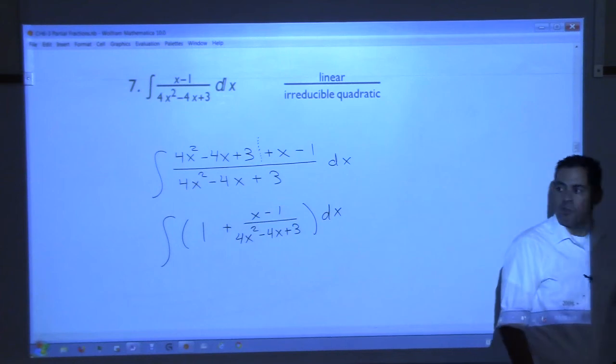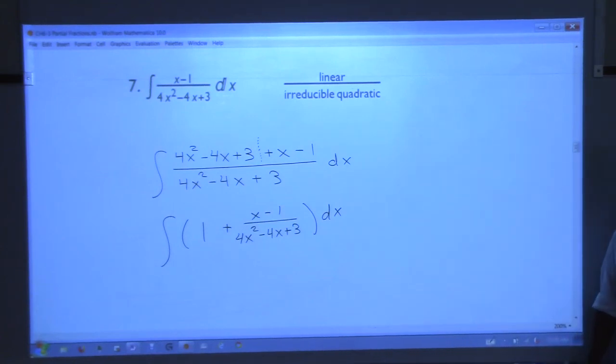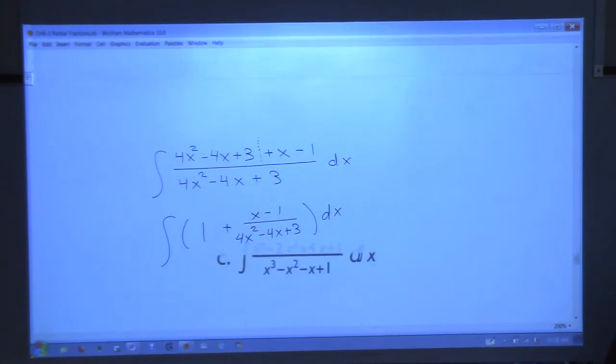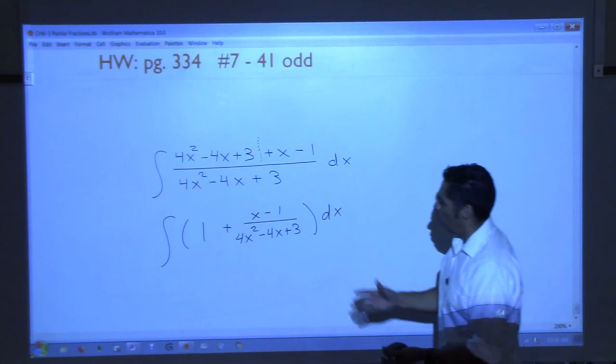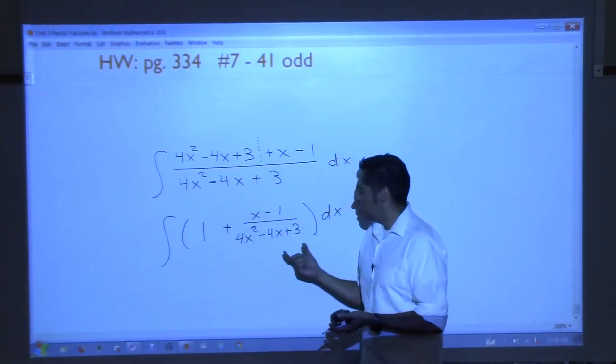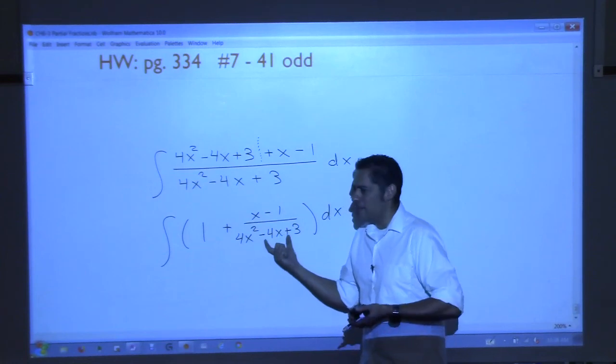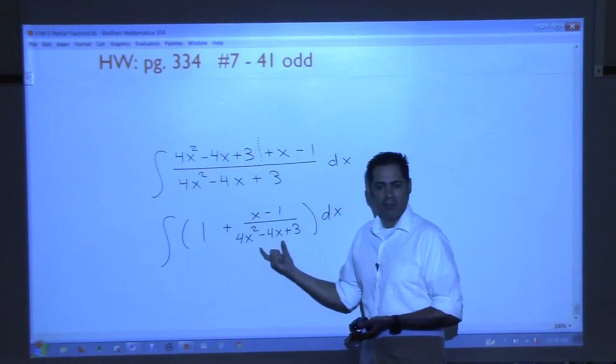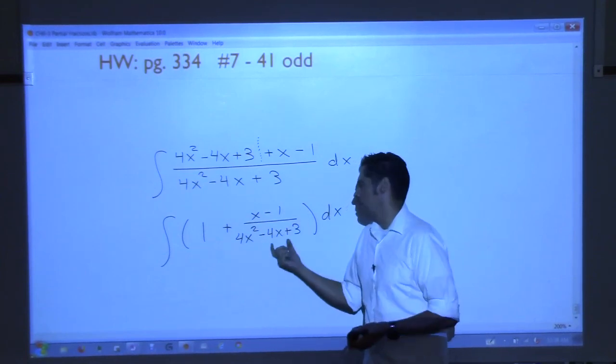That was the one where I had to make the numerator look like the derivative of the denominator, right? Now, what is telling us we have to do that instead of partial fractions? Well, when we go to factor this, it's not going to factor. This is prime, so to speak.